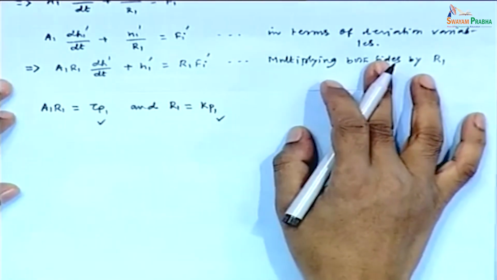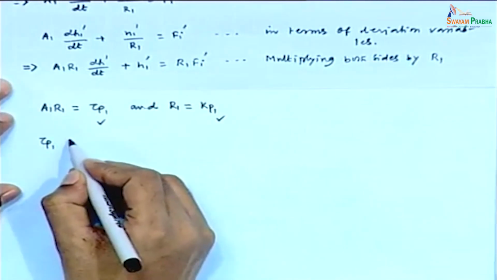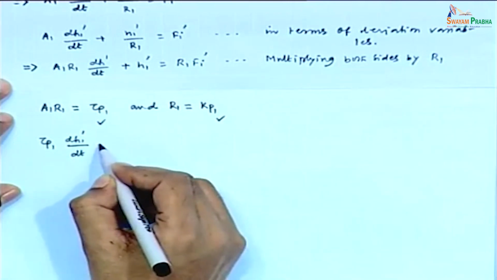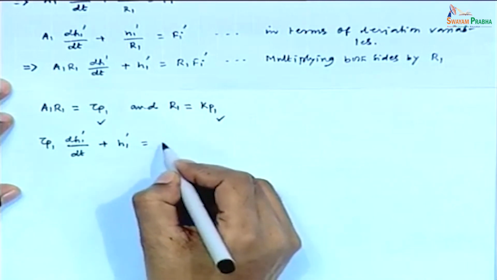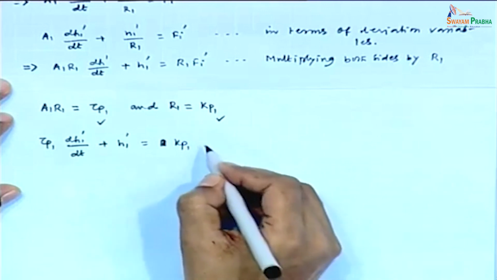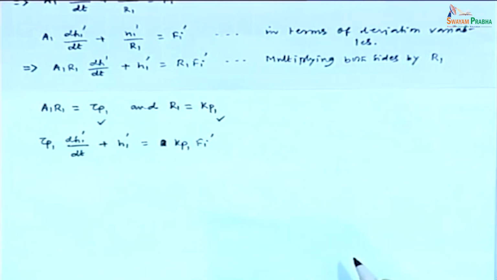Then the modeling equation becomes tau P1 dH1'/dt plus H1' equals Kp1 Fi'. This is the first order differential equation of the output H1.